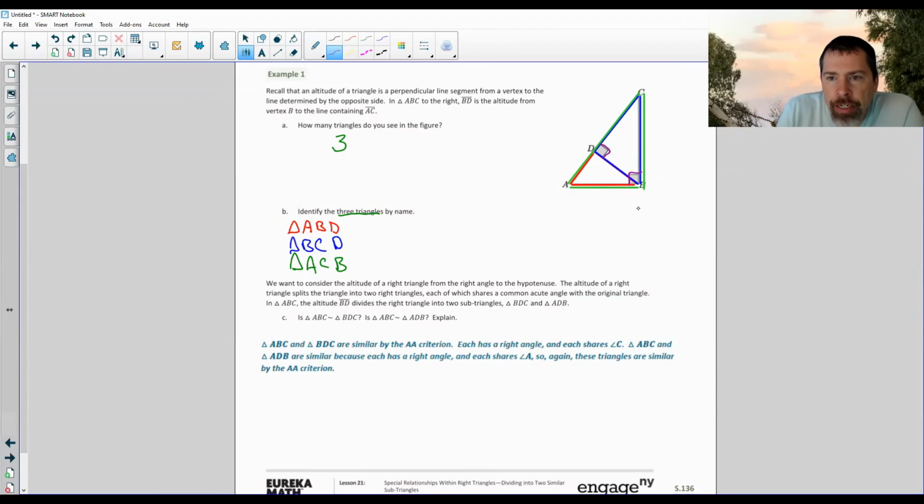They both have a right angle and they share angle C. So angle C is in the blue one. Angle C is in the green one. So by reflexive property, C is congruent to C, and a 90-degree angle is congruent to a 90-degree angle. So that's the angle criterion.